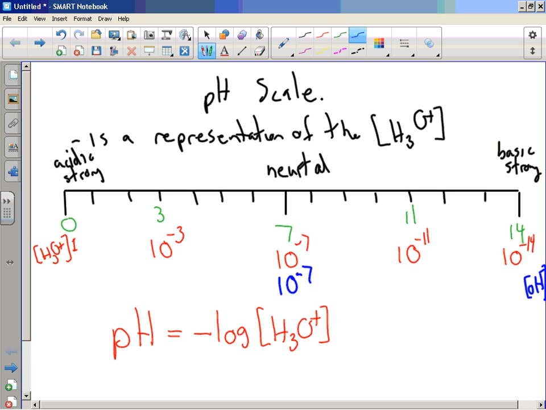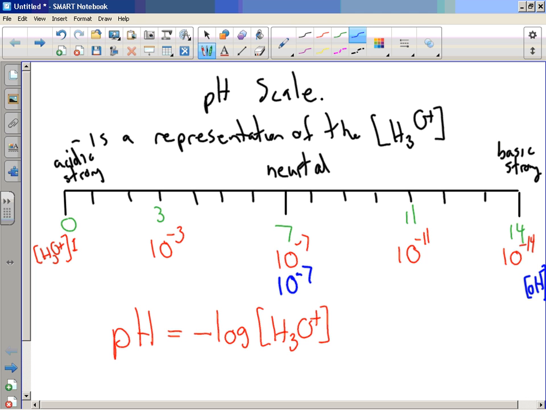Neutral doesn't mean no acid or no base. Neutral means equal amounts of acid and base. And it's not a lot, but it's a very small amount, all right?